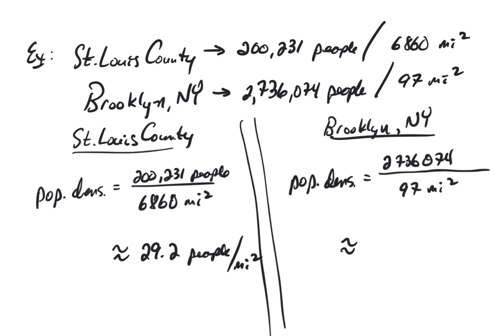And when we do that, population divided by 97, we find that there are 28,206 people per square mile. Almost 1,000 times as dense in Brooklyn, New York, as it is in St. Louis County, Minnesota. Okay? Alrighty.